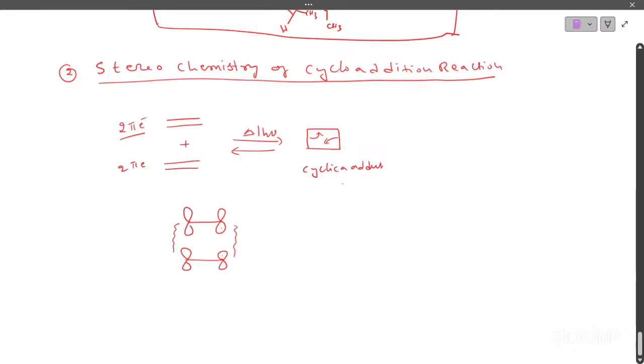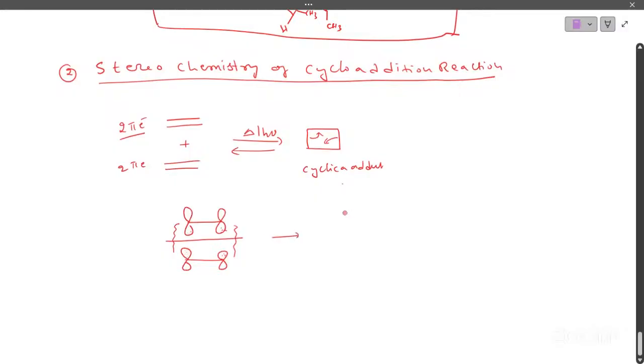This overlapping is of different kinds. Based on the lobe which is involved in the overlap, we can classify cycloaddition reactions into 4 types. First you need to understand that these two are interacting to produce the sigma bond. These two orbitals are interacting to produce the sigma bond.